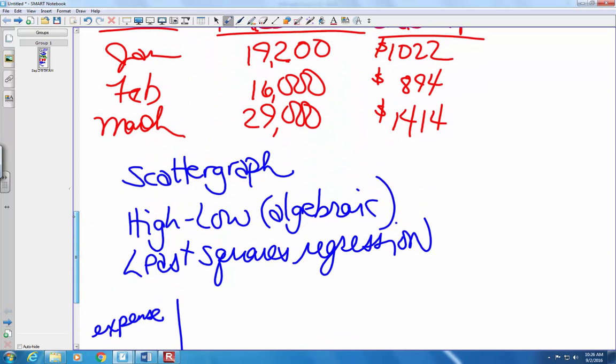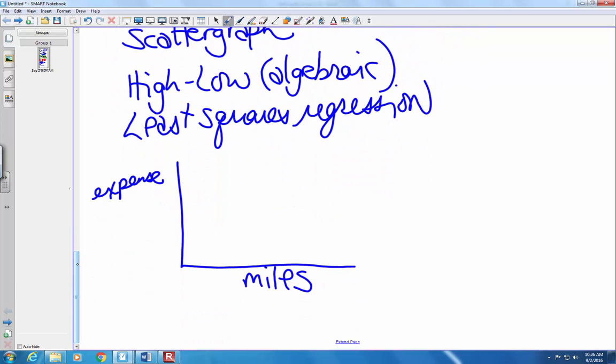So, let's see what I got here, 1960. These are 5,000 increments. And these are $500 increments. 500, grand, 1,500, and these are 5,000 mile increments.